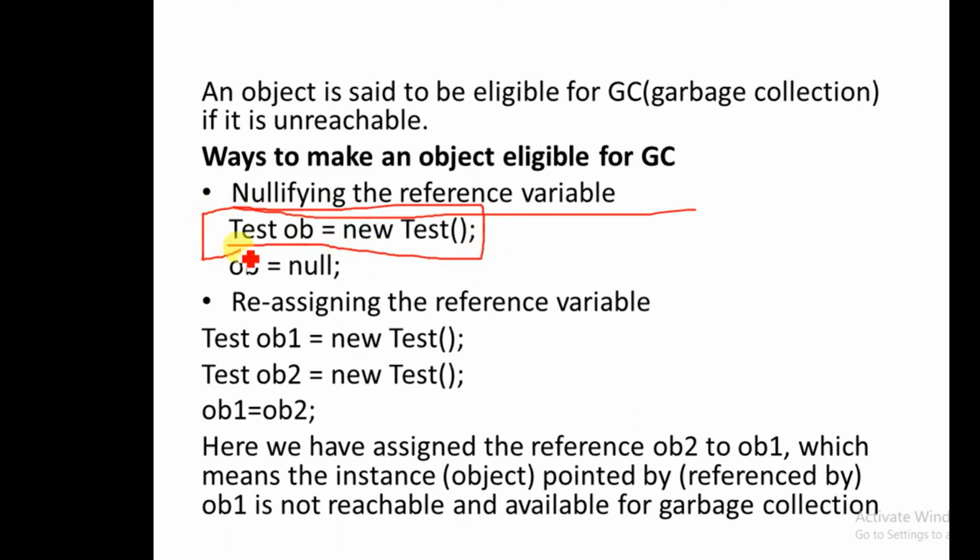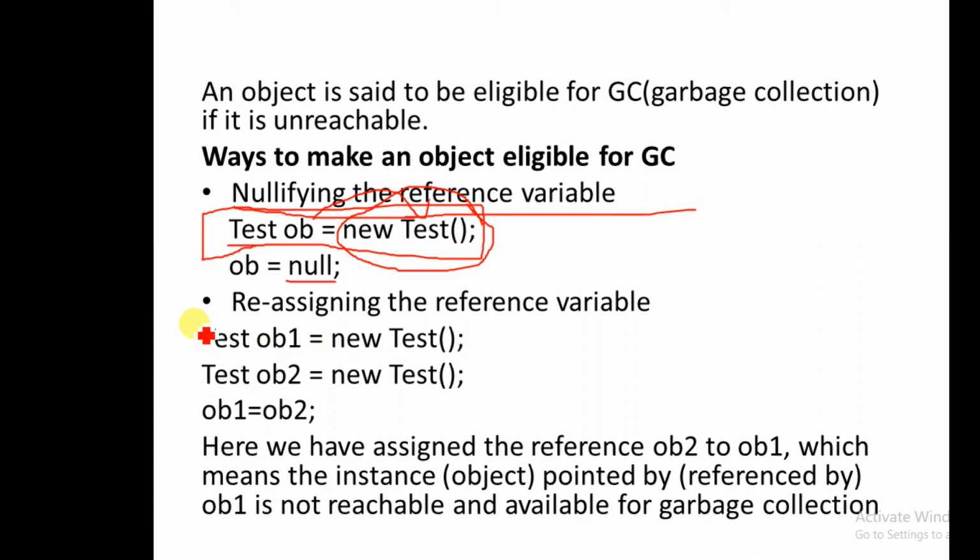So now this object is pointing to this test class. Now if we assign this ob to null, then this object is not referenced by any pointer, and now it is unreachable. So it is eligible to be garbage collected by the Java virtual machine.